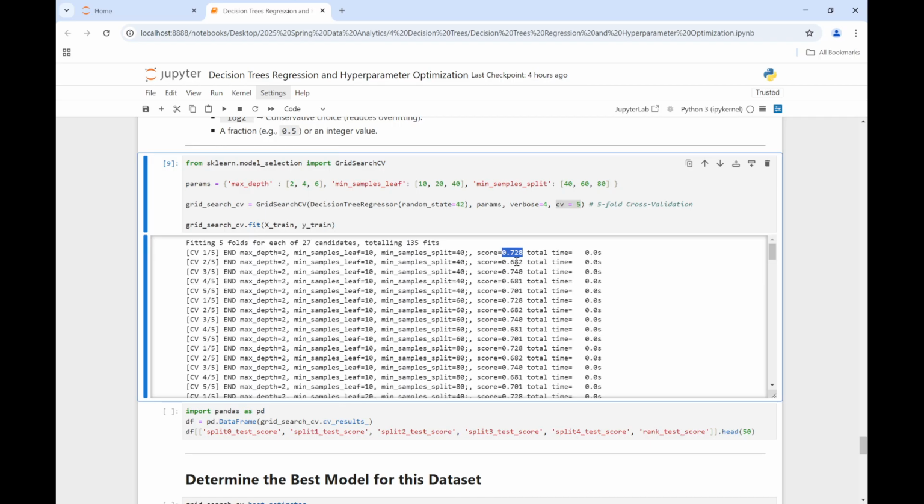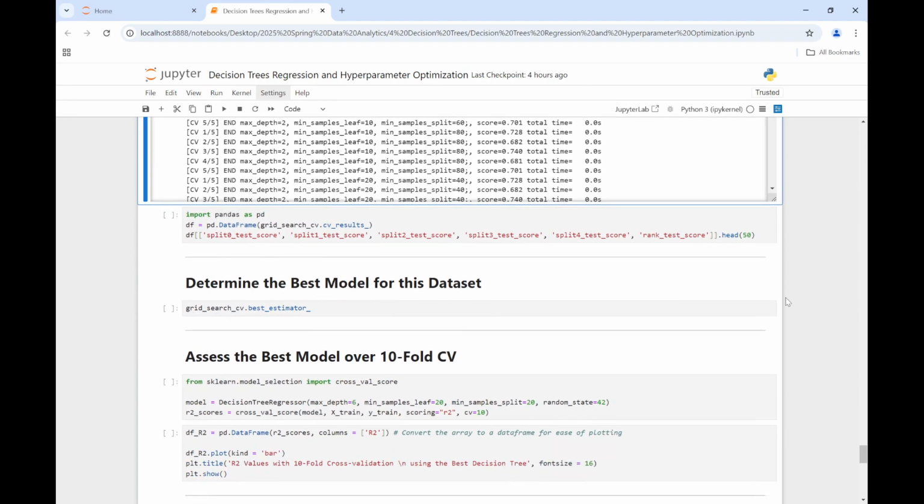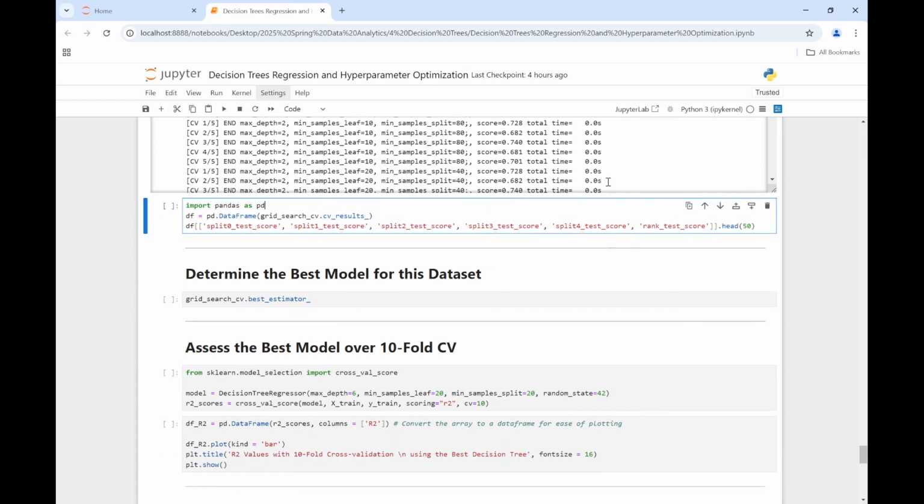And likewise, as I go down this table, I'm going to be evaluating different models and getting different R-square values. But you can see that each model is evaluated 5 times because there are 5 different folds in the data. Then the next model is evaluated 5 times and so on down this table. So I can plot these results with a little bit more clarity.